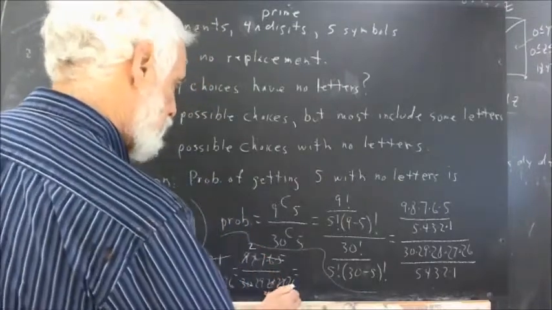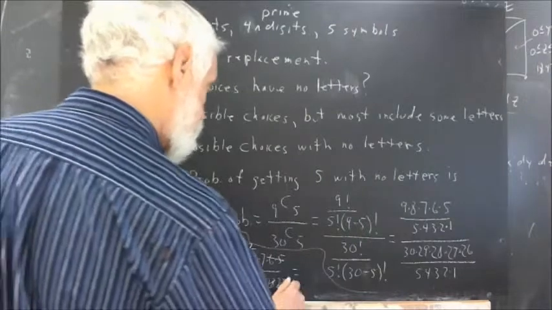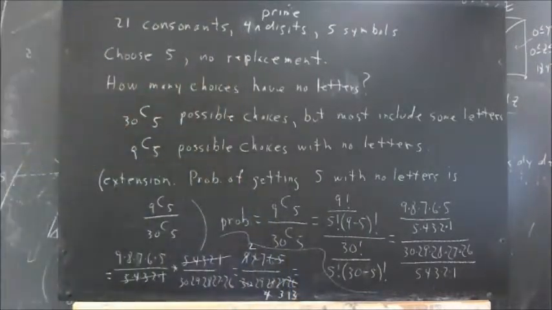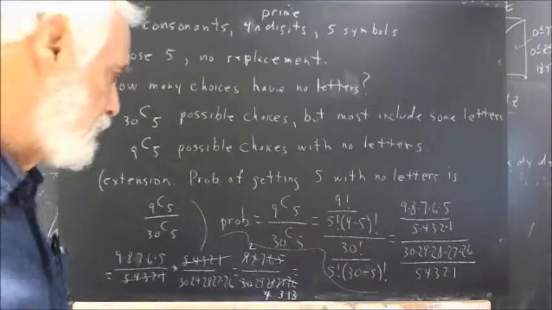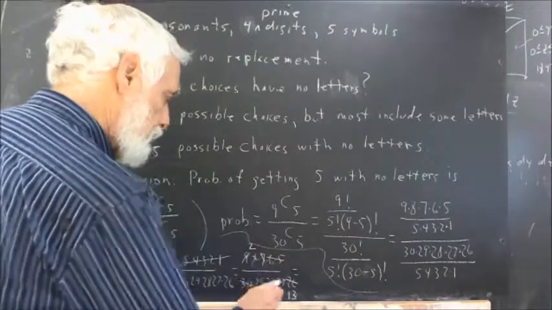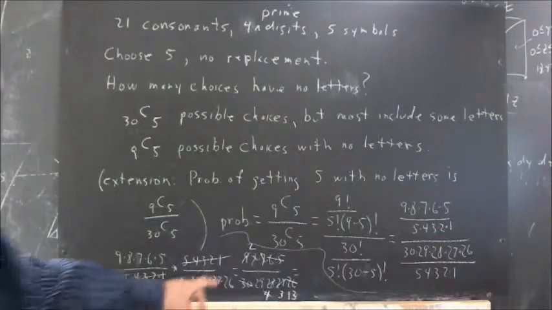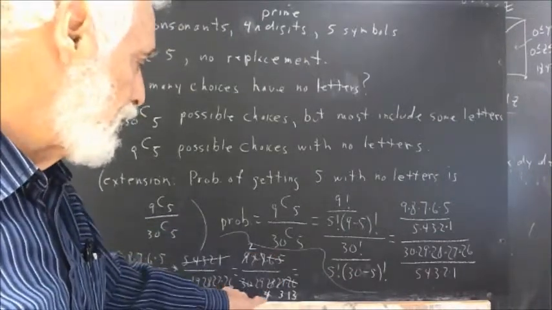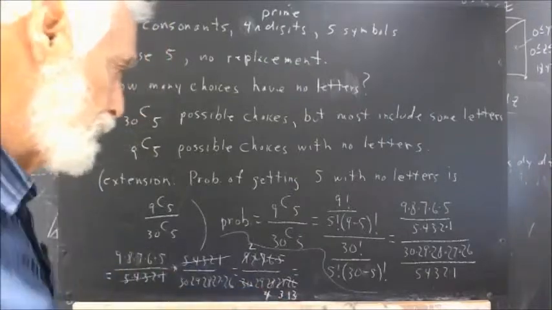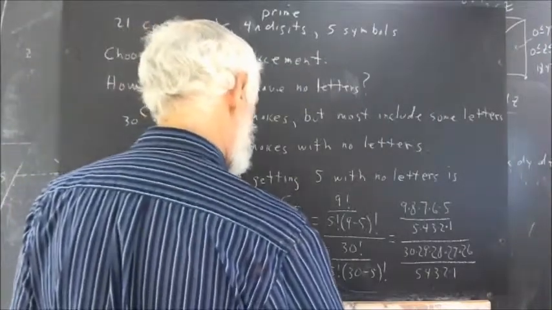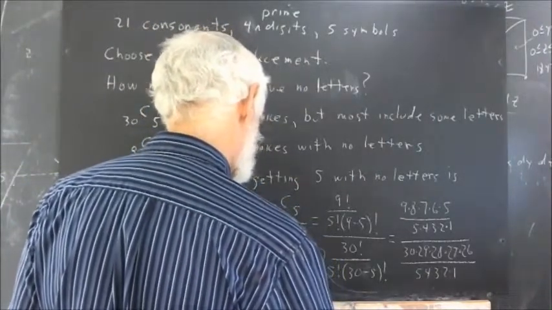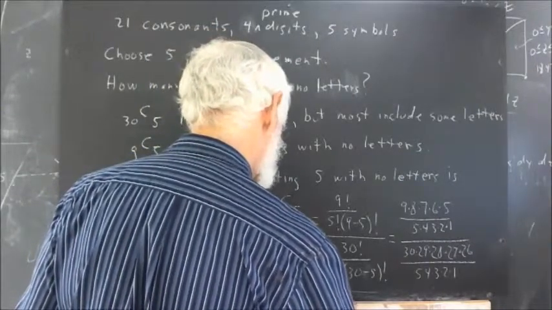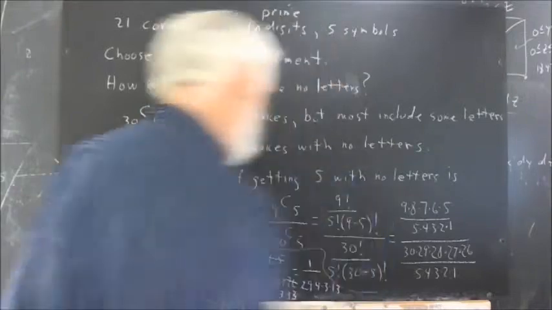And the 2 can divide the 26, leaving us 13. So we see that the numerator, let's see, I should have crossed the 7 out when I divided it into the 28. The numerator turns out to be just 1, and the denominator 29 times 4 times 3 times 13. So I barely have room to write that, but let's try 1 over 29 times 4 times 3 times 13.